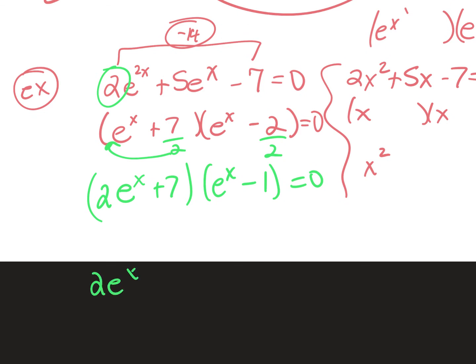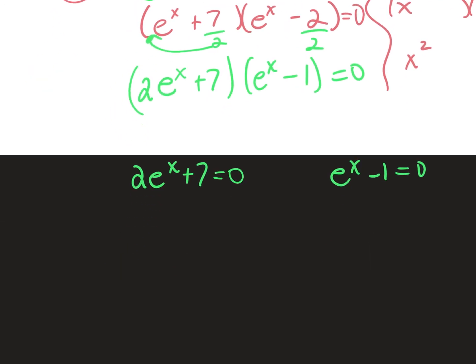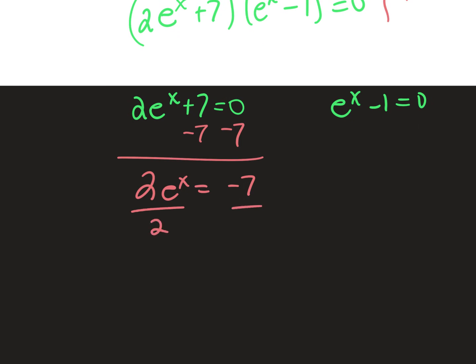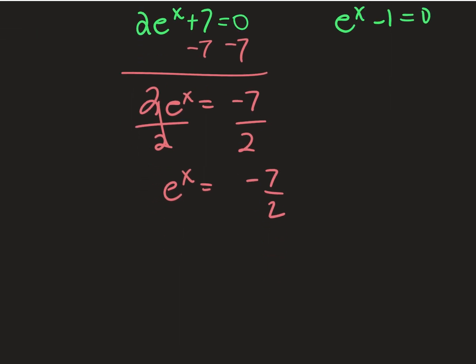Okay, so let's solve this just like we would any other problem. I have 2e to the x plus 7 equals 0. I have e to the x minus 1 equals 0. I want to get my e to the x by itself. So what do I do? Minus 7. So I have 2e to the x equals negative 7. Now what? Divide by 2. I get e to the x equals negative 7 over 2. And then how do I solve this?